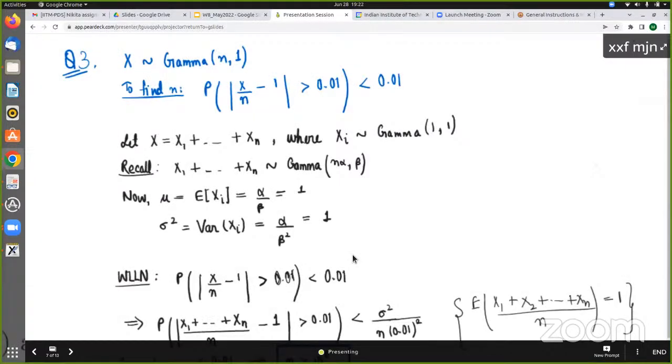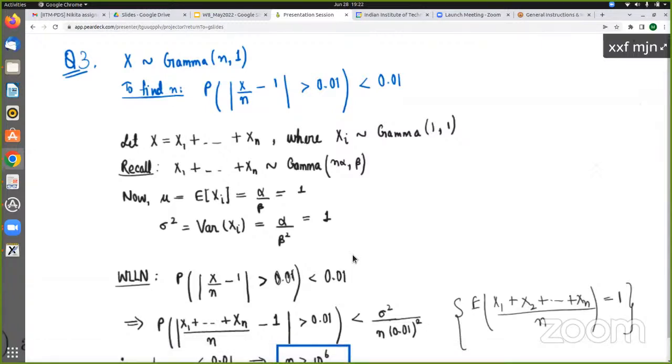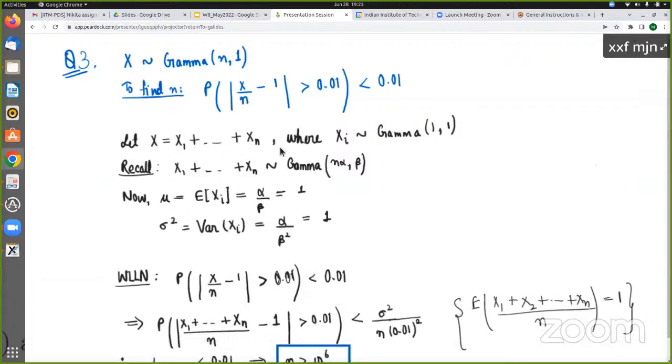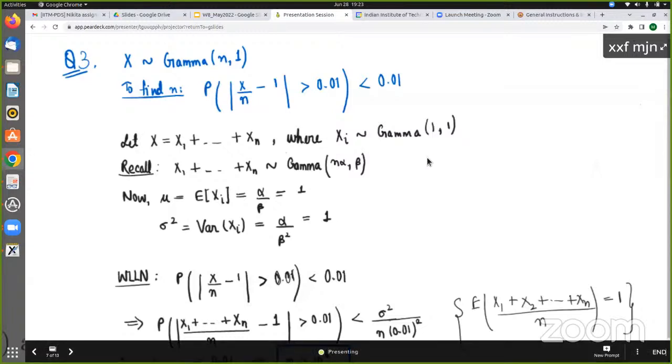So until this point is clear, correct? Here it is written as X equals X1 plus X2 up to Xn. I was showing you this so that Y and X should not get confused. So this is the same thing as X equals Y1 plus Y2 up to Yn, and each Yi is Gamma(1, 1). Now I know that the sum of this is Gamma(n, 1).